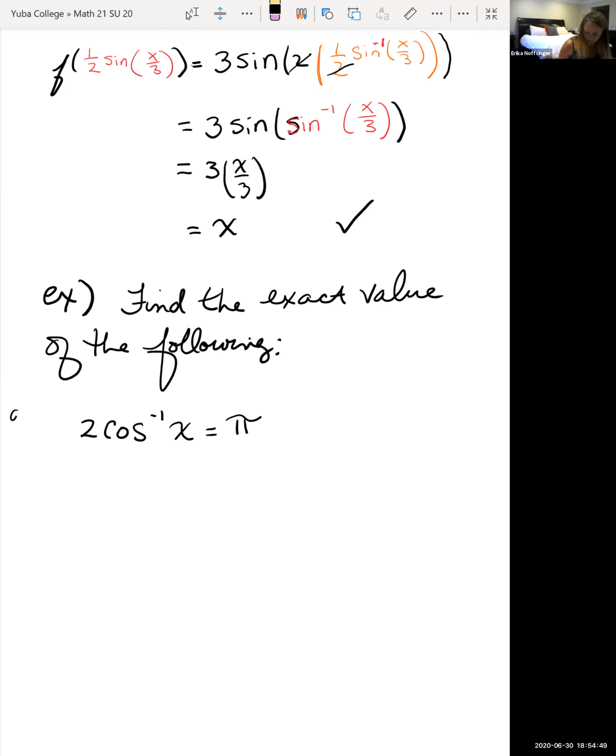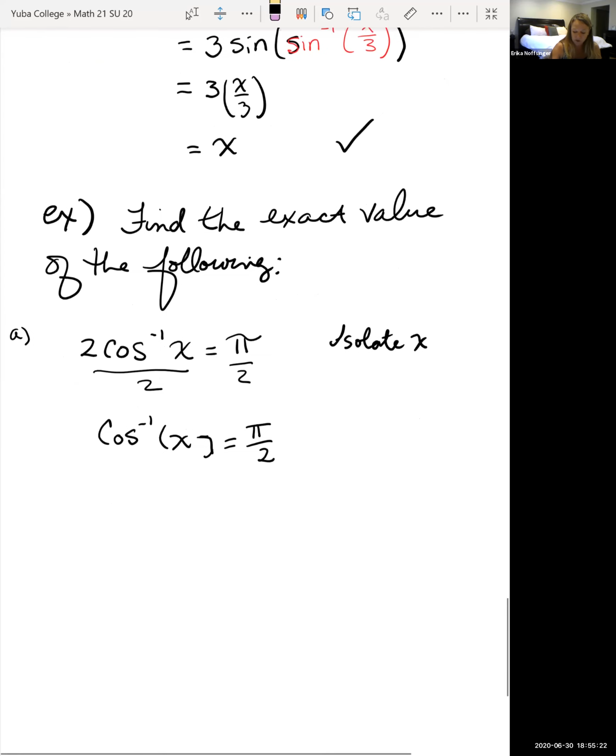Basically we want to isolate x. We can first isolate our trigonometric function by dividing both sides by 2. So we have cosine inverse of x equals pi halves.